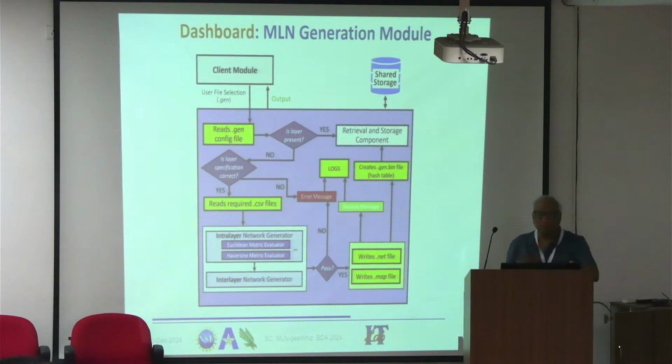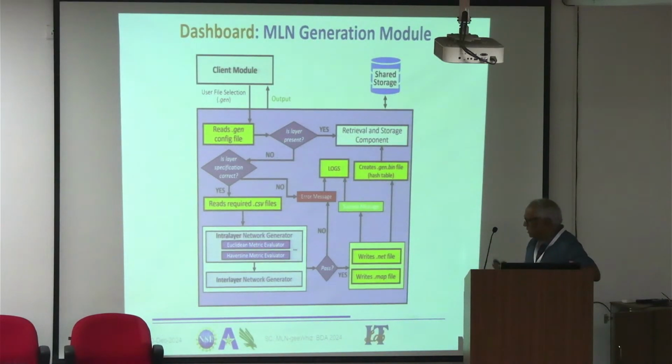So here is just, I'll show you a couple of them and not go into the details. So here is the multi-layer generation module. From the client, you get a config file. I'll show you an example of that. Called gen, and then is layer present. So we check whether this layer has already been created by the user. If so, you are done. If not, you read the required files and apply various metrics.